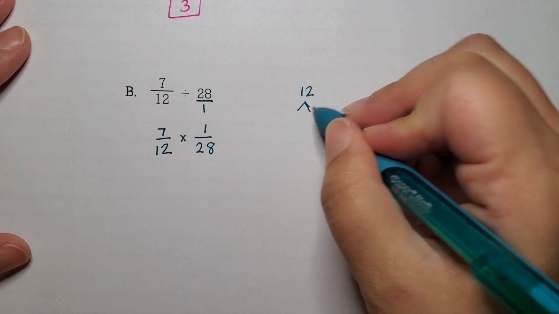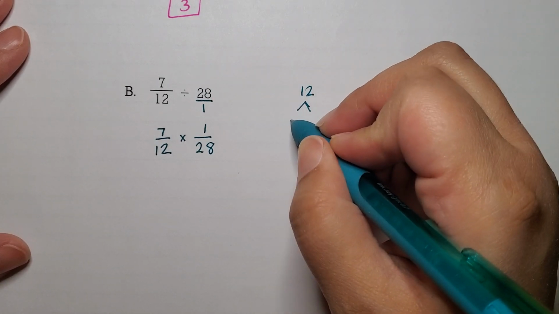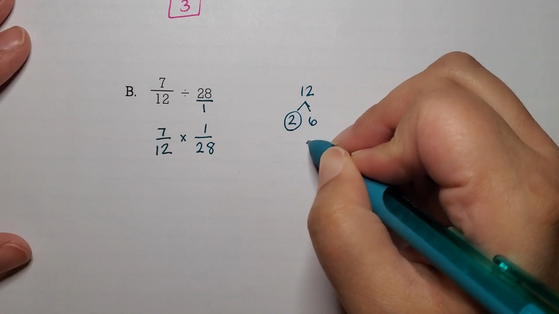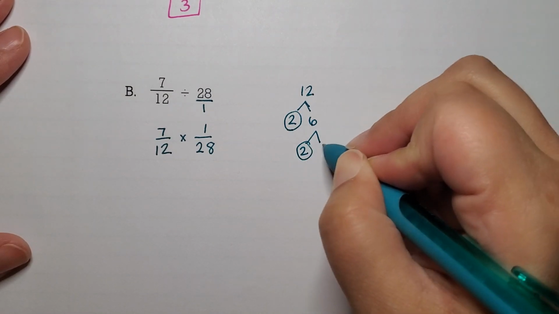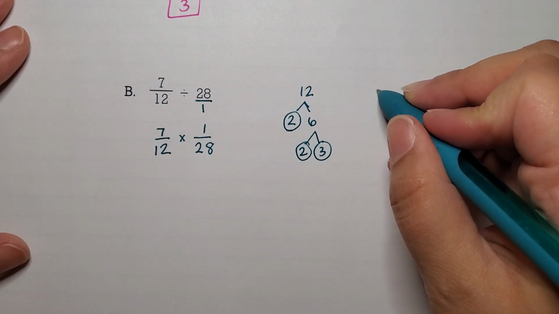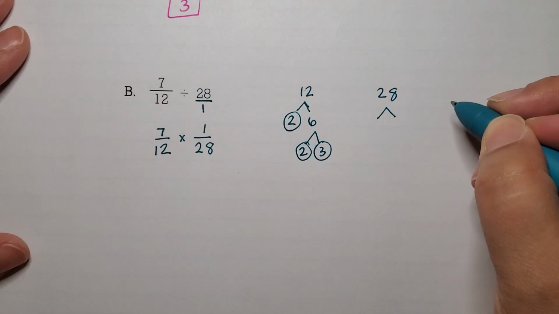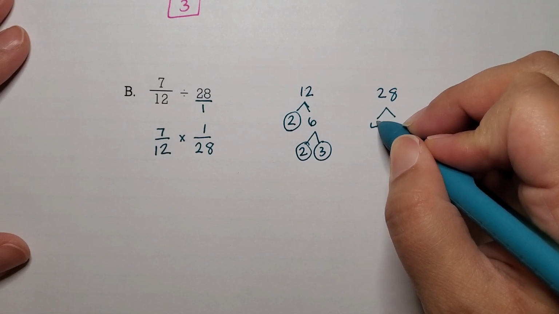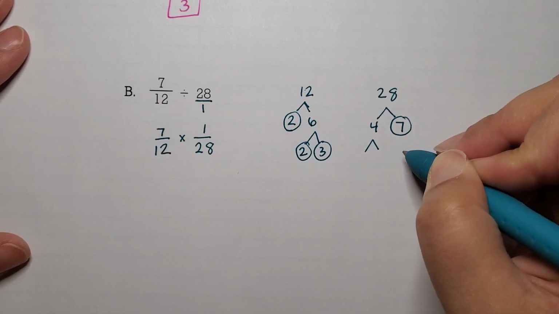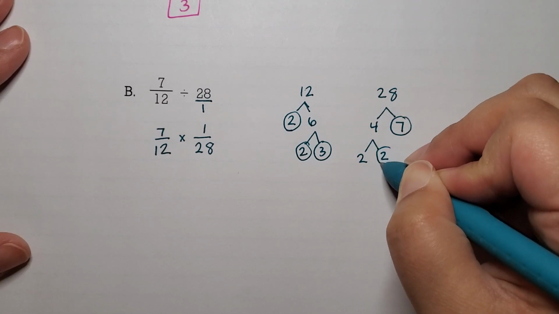So 12 is going to break into, let's do 2 times 6. And 6 breaks into 2 times 3. We also have 28. That's going to split into 4 times 7. And 4 splits into 2 times 2.